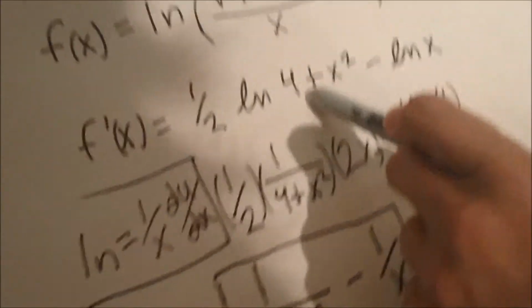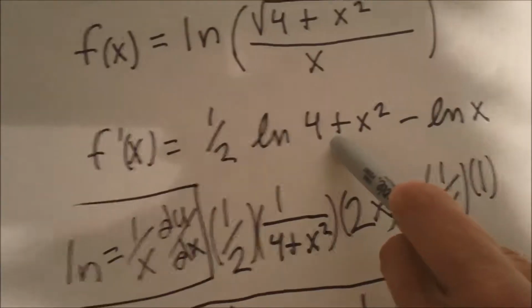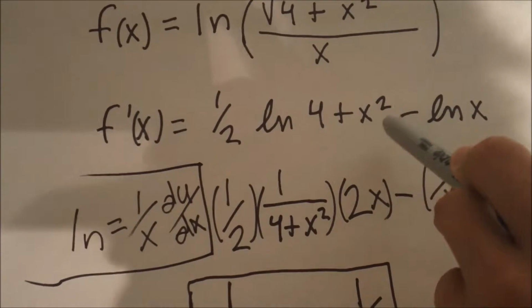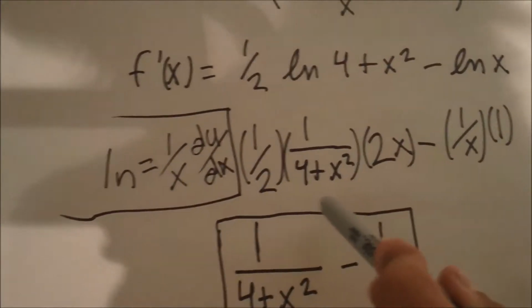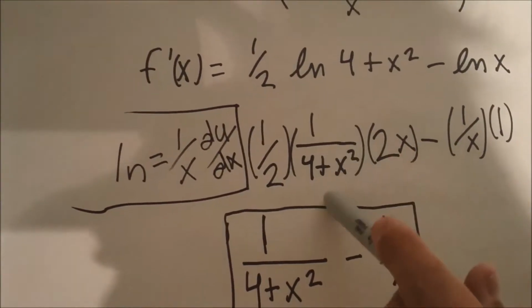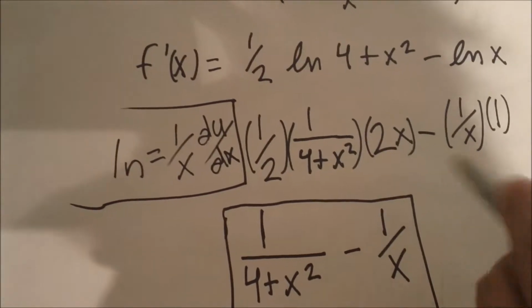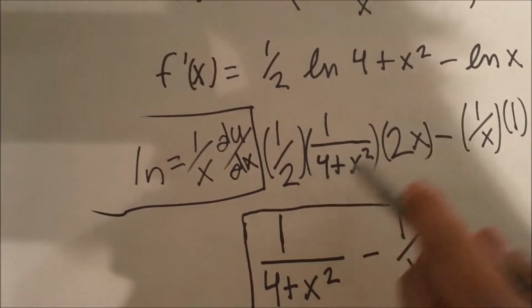Important side note. So you change your ln equation up here from ln of 4 plus x squared into 1 over 4 plus x squared times the derivative of the inside, which is 2x.